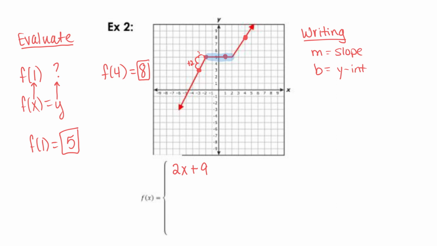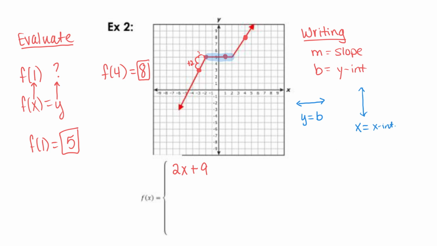It's a horizontal line. So what I want you to remember is that when you have a horizontal line, your equation is just y equals whatever your y-intercept is. If you have a vertical line, it's x equals whatever the x-intercept is.